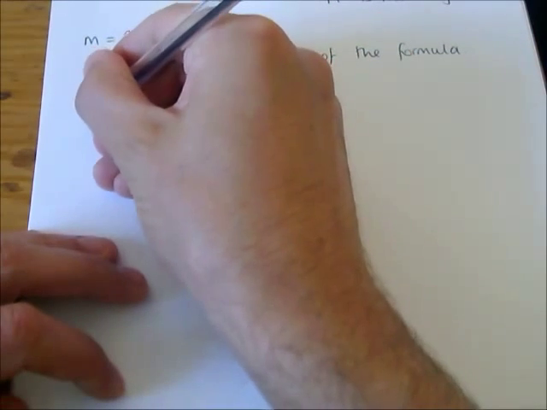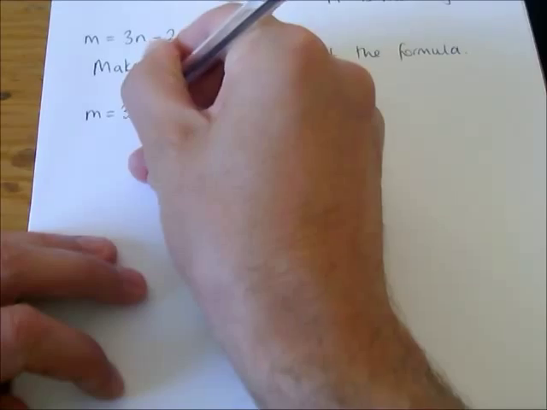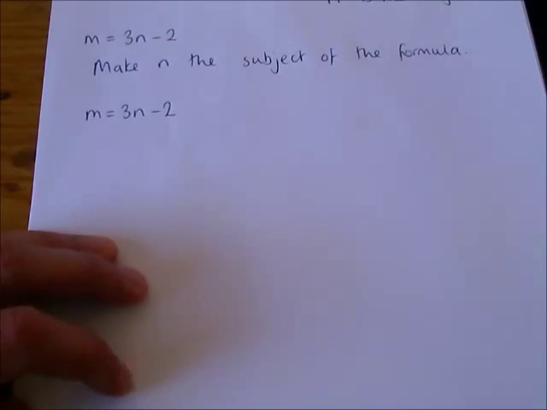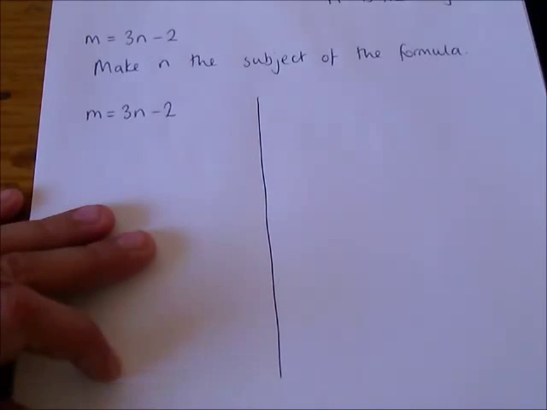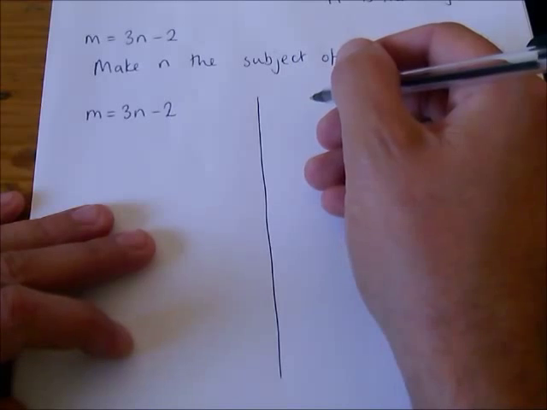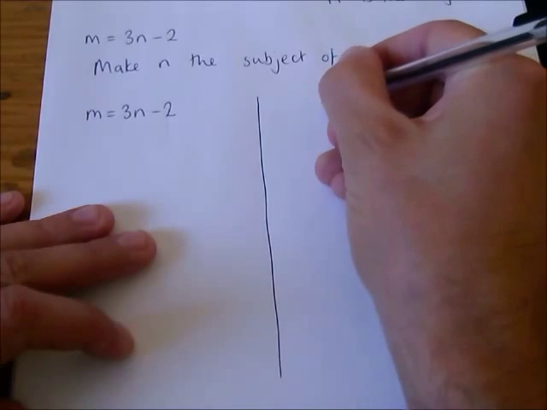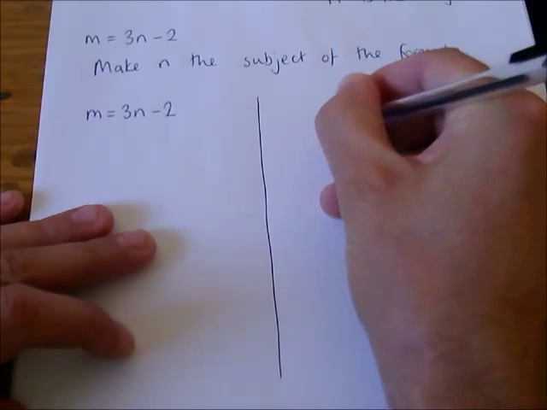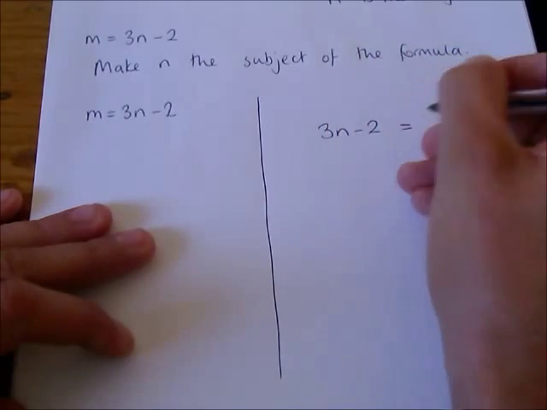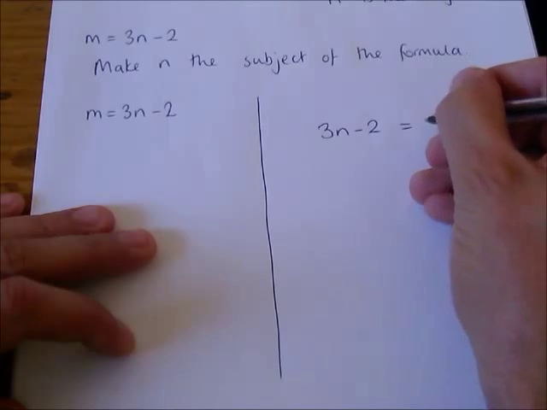Let's have a look at our formula, and let's have a look at a very similar equation that you might see. I'm just going to switch around the order in which these two things appear.